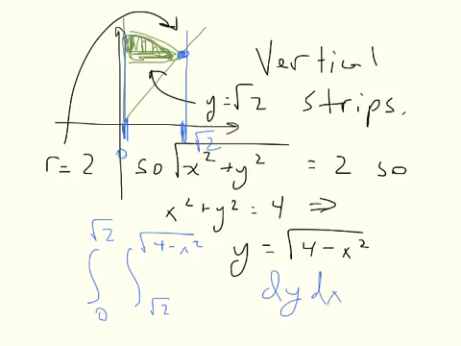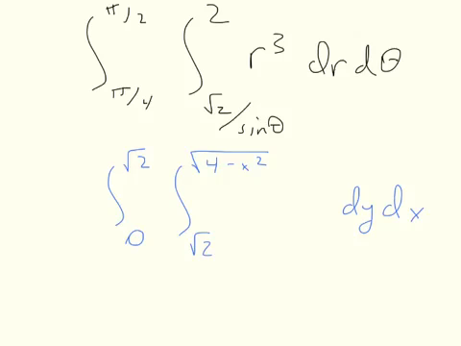Our next task is to figure out what the function is. For the function, we have r cubed dr d theta. This is tricky. We need to remember that one of these r's is actually part of the r dr d theta, our area element. So our function is r squared multiplied by the area element, r dr d theta.